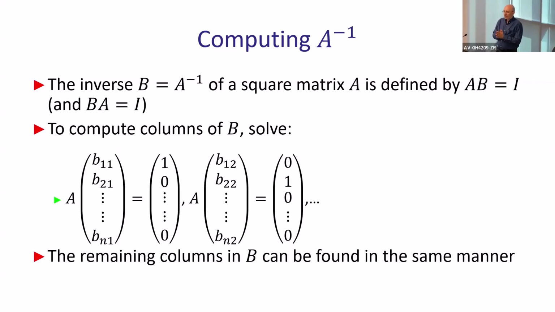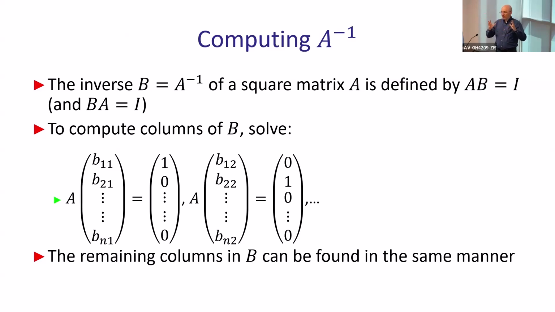This is how you compute it. So here's the idea. The inverse of a matrix is practically defined like this: let's say B is the inverse of matrix A, and we'll call it A inverse. For square matrices, it is defined when AB equals BA equals I, which is the identity matrix, right?